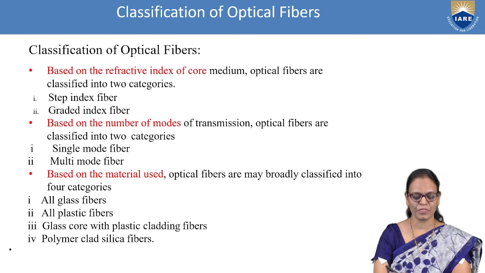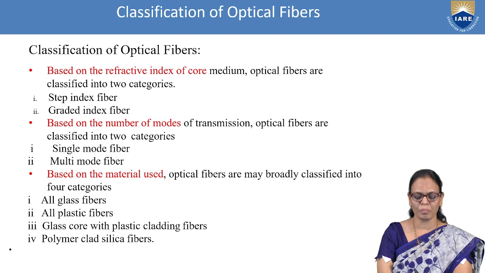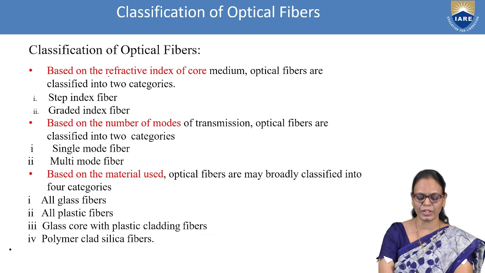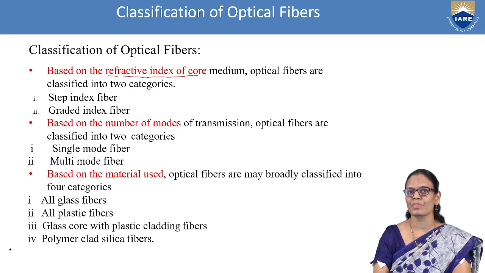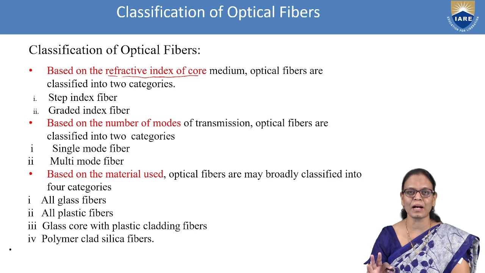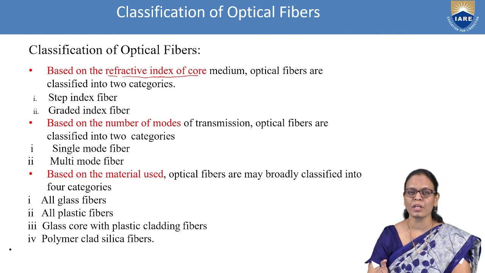Now coming to the classification based on the refractive index of the core. When we have seen the structure of optical fiber, we have seen that there are three important parts in an optical fiber. The first one is the core. The core is surrounded by cladding, and then we have the protective layers, which we call the coating.